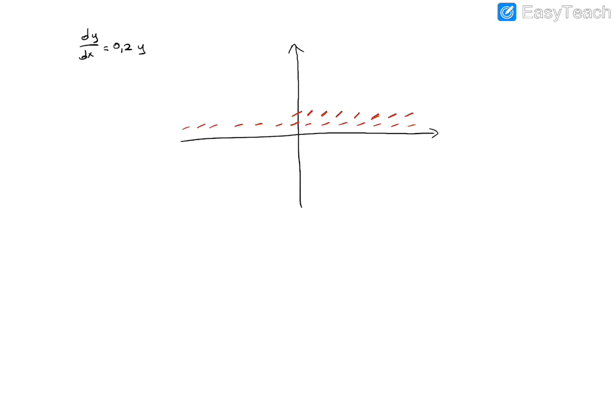So slopes are the same. For y equals 3, the slope is a bit sharper, 0.6, 0.6, 0.6, etc.